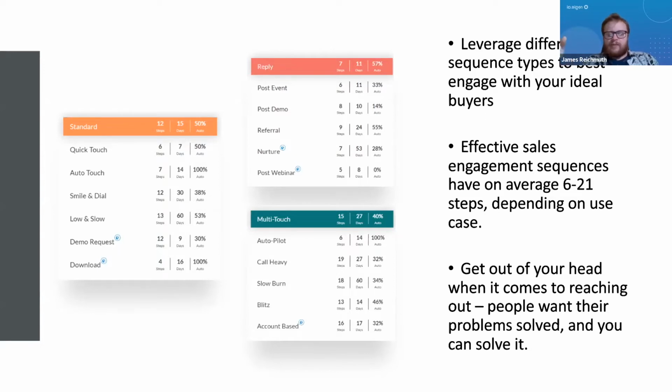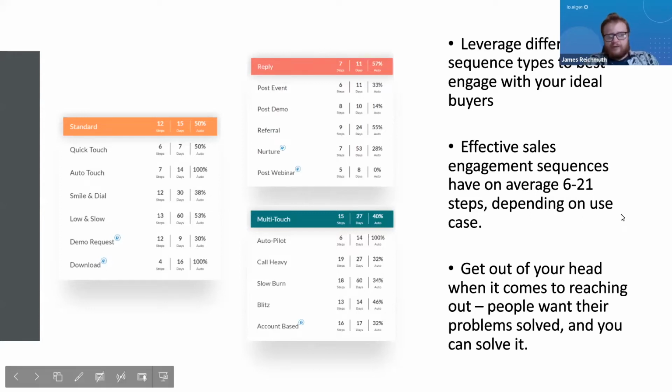But what will actually happen is the conversations that you'll have with the folks that convert down line will end up being more enriched by the story and the value that you added throughout your sequence. So think about how we can continue to give to our prospects in order to generate that interest and have them come back. At the end of the day, so much of this is getting out of your head with the way that you're thinking about your language, because people want their problem solved and you've got the solution to it. And you should be very upfront about talking about that solution.